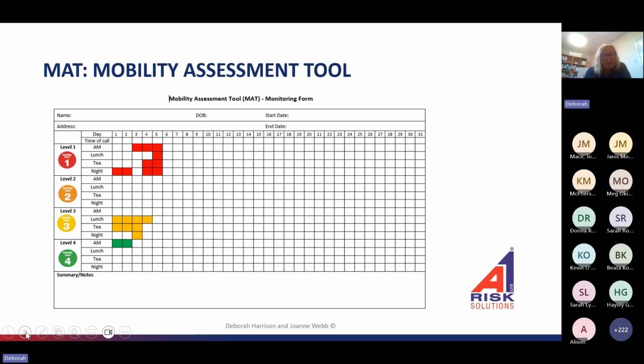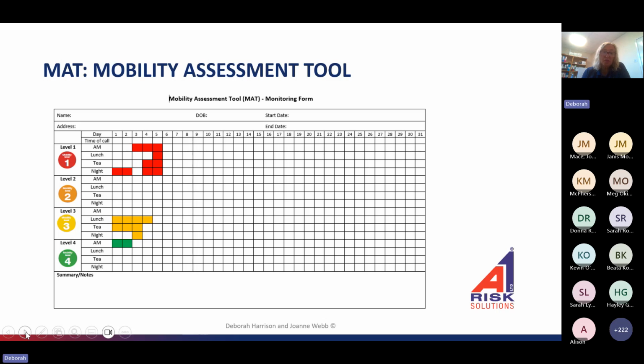So we can see here, on day 1 and day 2, the individual, first thing in the morning, was actually requiring very minimal assistance. And in real life, this person was furniture walking.